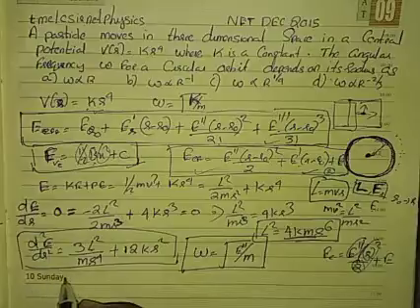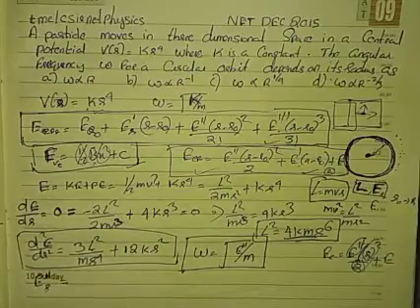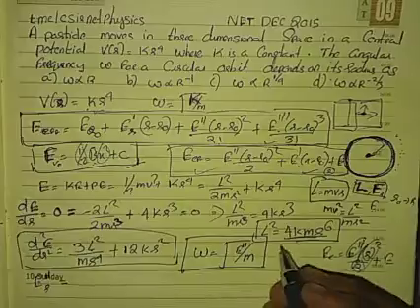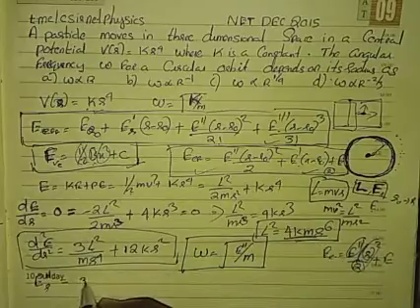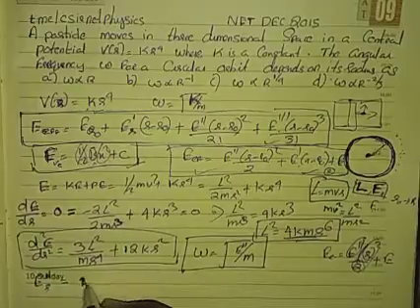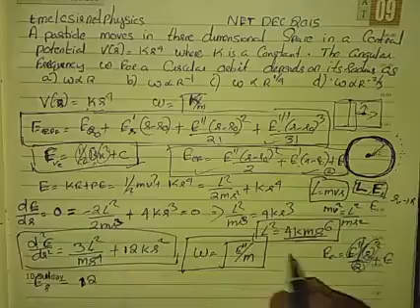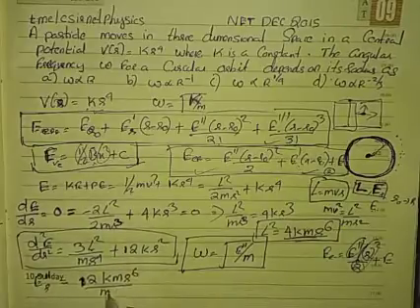Now d square E by dr square with respect to r will be equal to, when you substitute the value of L square, which is 4k m r raised to 6, 3 times 4, that's 12 k m r raised to 6 by m r raised to 4.